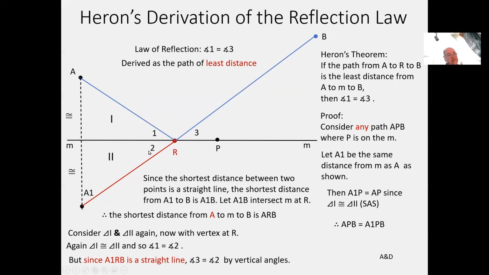If this were not constructed as a straight line, you could not say that angle 2 is equal to angle 3. Because we've constructed the straight line all the way through, and we've made R that place where A1B crosses the mirror, this is a straight line, and therefore these are vertical angles. So 1 is equal to 2, 3 is equal to 2, and therefore 1 is equal to 3.